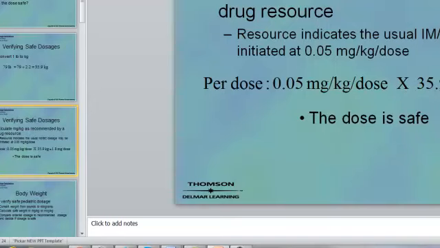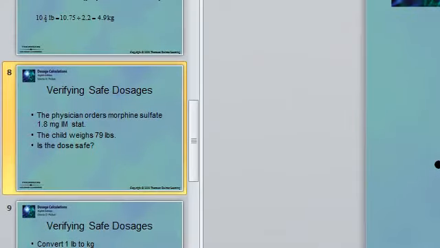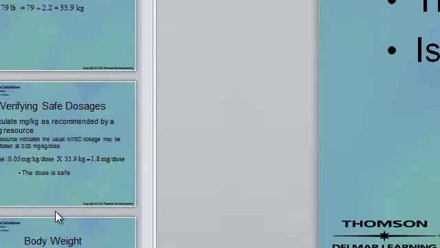So this would need to be given to you. You would have a resource book that would give you this information. So then you would take that given information times the weight of the child in kilograms. And so a 1 8/10 milligram per dose, and the doctor had ordered 1 8/10 milligrams, so that would be a safe dose.